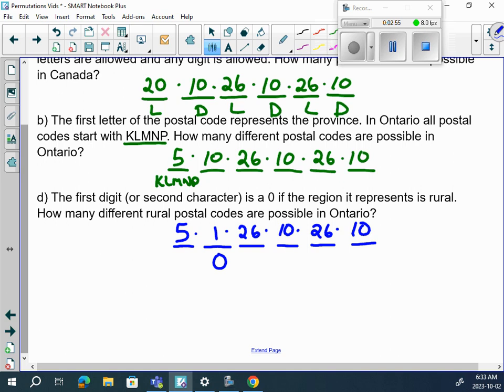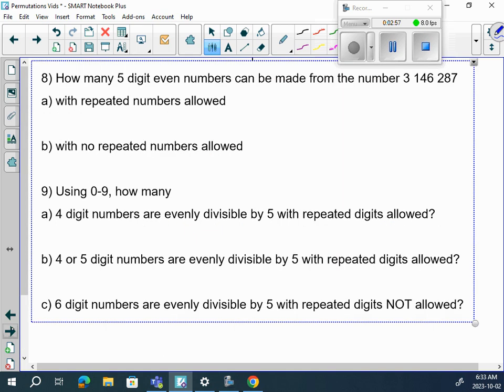I don't have a calculator with me. You don't need to watch me punch things into a calculator anyways. How many 5-digit numbers can be made from that? Repeated numbers are allowed. Okay, so 5-digit numbers, we have 7 possibilities there.